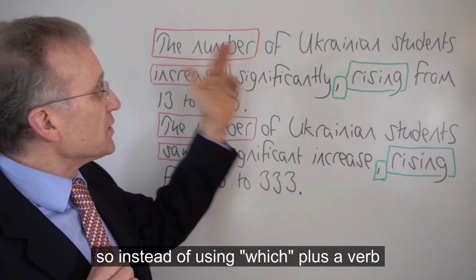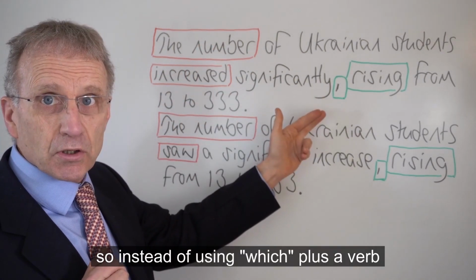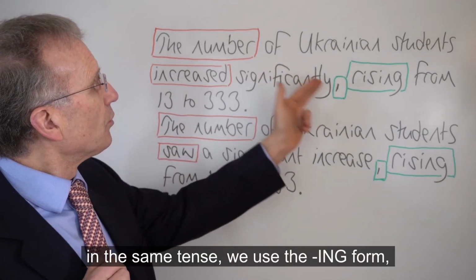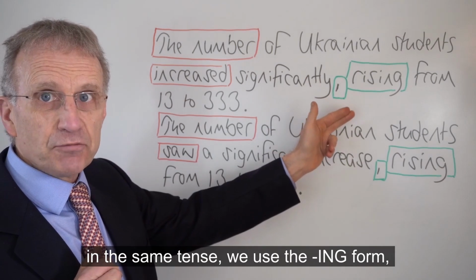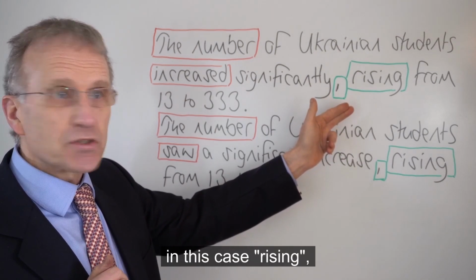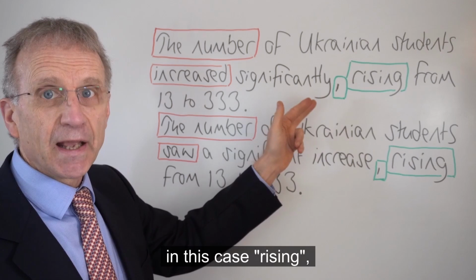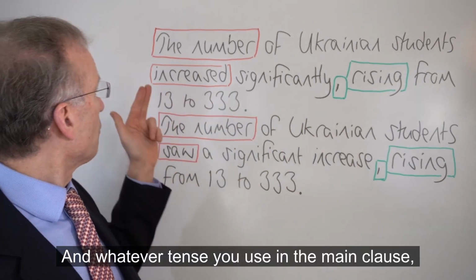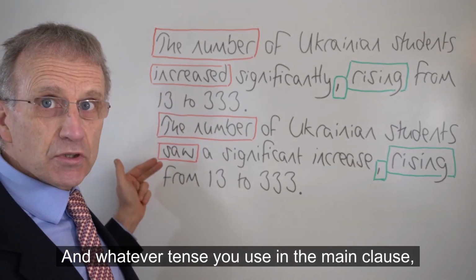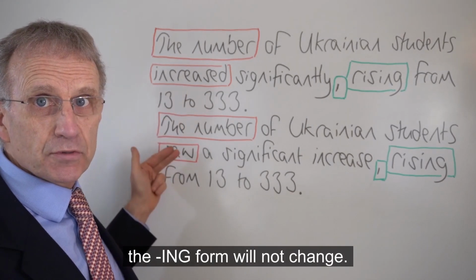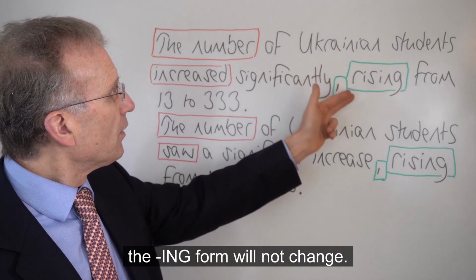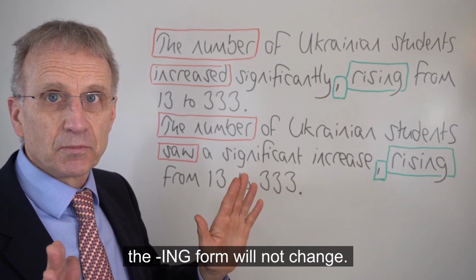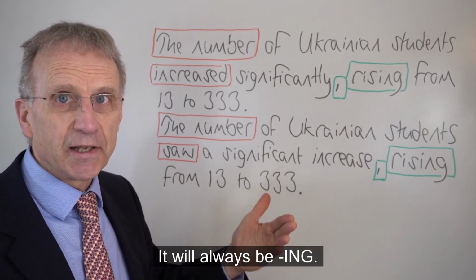So instead of using which plus a verb in the same tense, we use the ing form, in this case rising, again after a comma. And whatever tense you use in the main clause, the ing form will not change. It will always be ing.